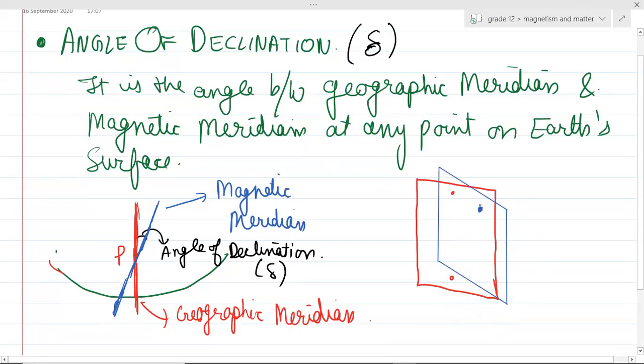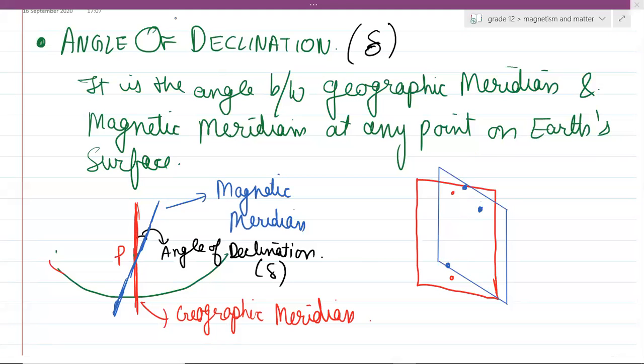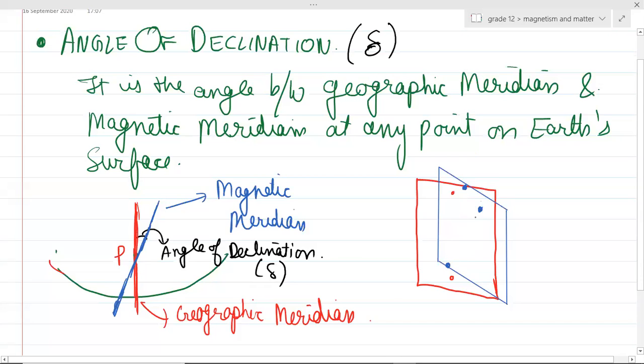Can you see this point, the geographical north and the geographical south should all lie on this plane? Can you see this point P is common in both the planes? This is the point P, and if I intersect, then this will be the line of intersection. It will be lying on both.